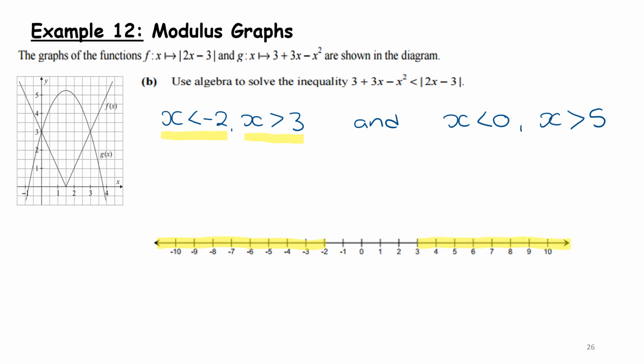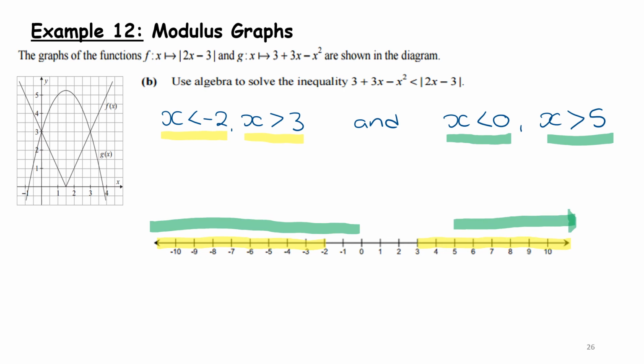Now, if I then want to look and figure out the next ones, I'm going to do them above so I'm not overwriting. So x is less than 0 would be all this section here. And then x is greater than 5 is this section here. And remember, these are all going on forever.